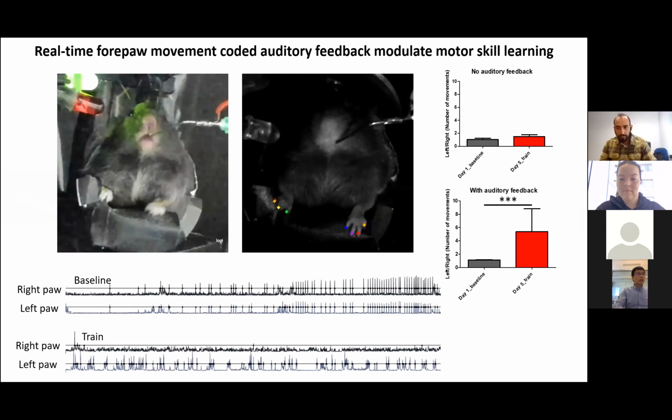And then we trained the mouse to do the same task. You can see... I don't know why I cannot play the videos. But after training, the mouse can quickly learn this task and can move only one paw to get a water reward. And you can see the performance is quite good.